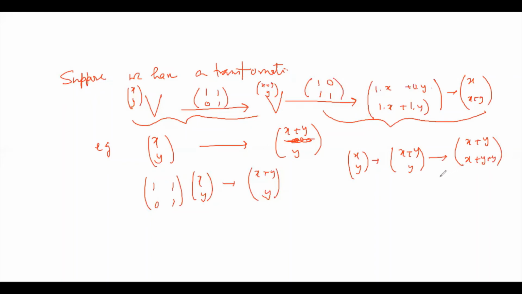So now notice that I have a transformation from here to here. What is that matrix here? That matrix is 1, 1, 1, 2.